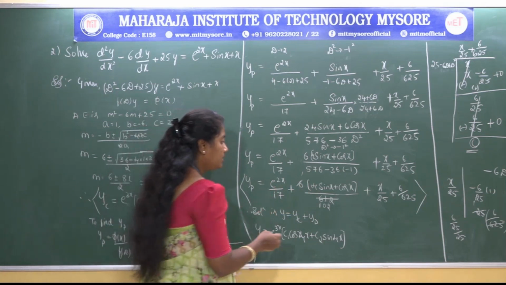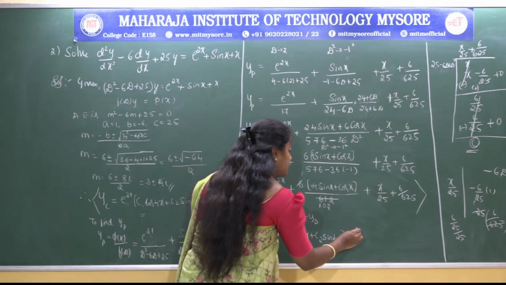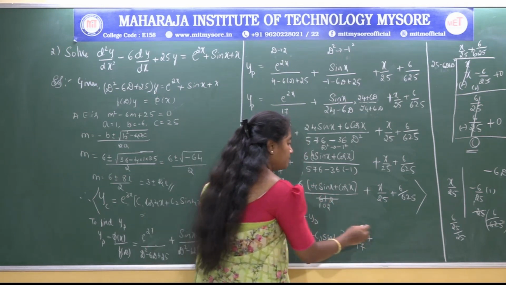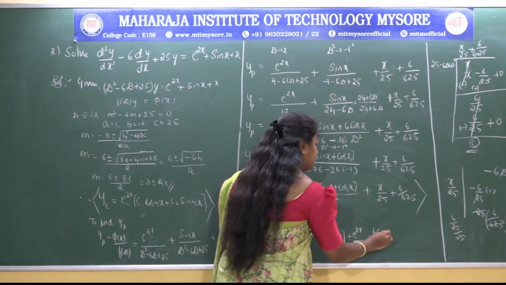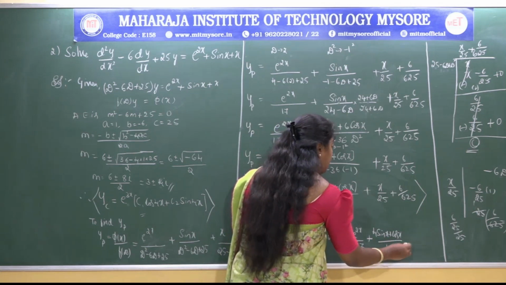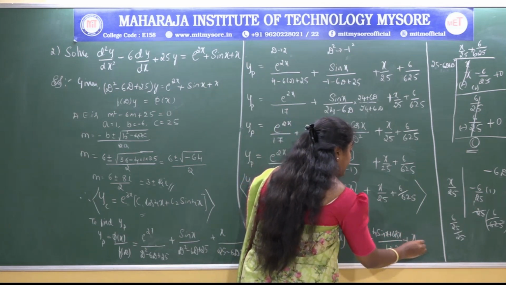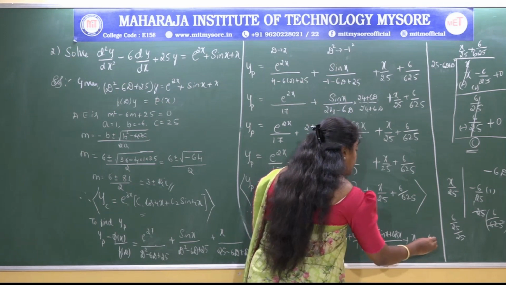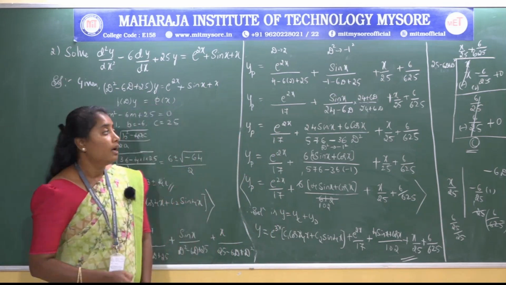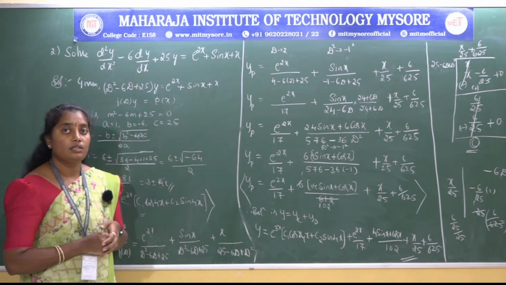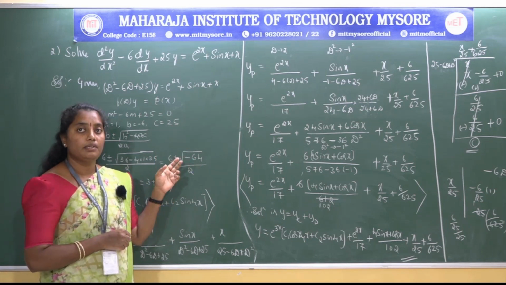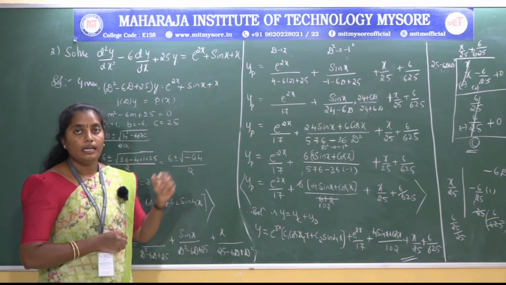For the exponential term, e power of 2x divided by 17, plus the next term, 4 sin x plus cos x divided by 102, and for the last term, x by 25 plus 6 by 625. So this is the solution of a non-homogeneous differential equation with a combination of all three different types of function, that is an exponential, a trigonometric and a polynomial.